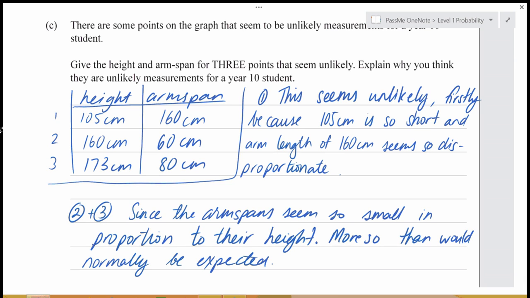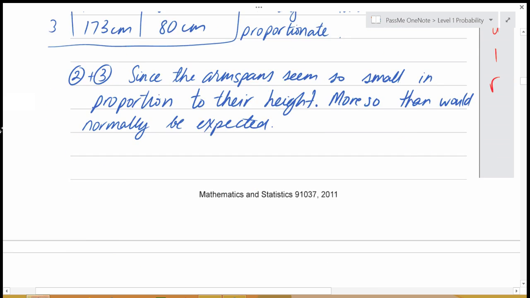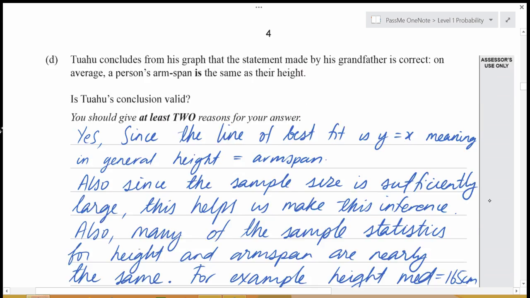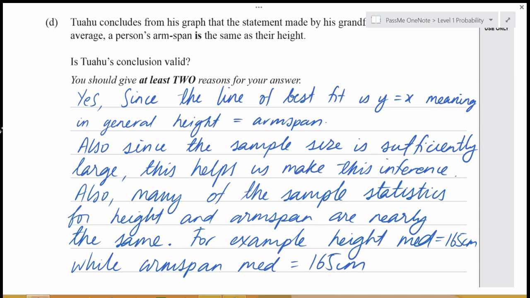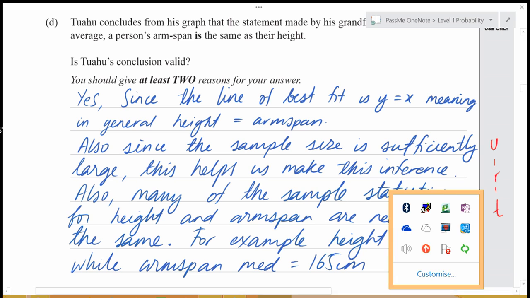Question C, if you've made two really valid points there, that one would be R, so you could get anything from U to R for that one, R being merit level. And for D, if you've answered D fully, then you'll get a T for that. So, depending on your answer again, could be U, could be R, could be T. Yeah, just depending on how much detail you get into there. Okay, so that's question 1, and now we'll stop there.